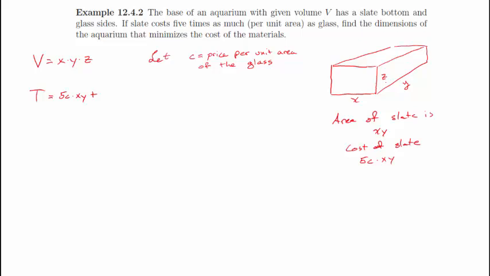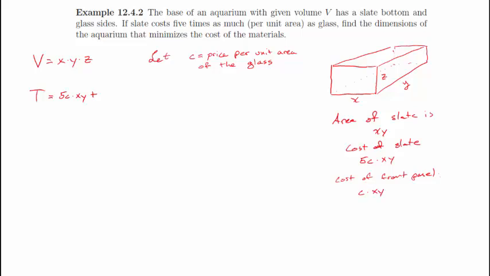Now the cost of the front and back glass panels here. So the cost of the front panel is c times xy.